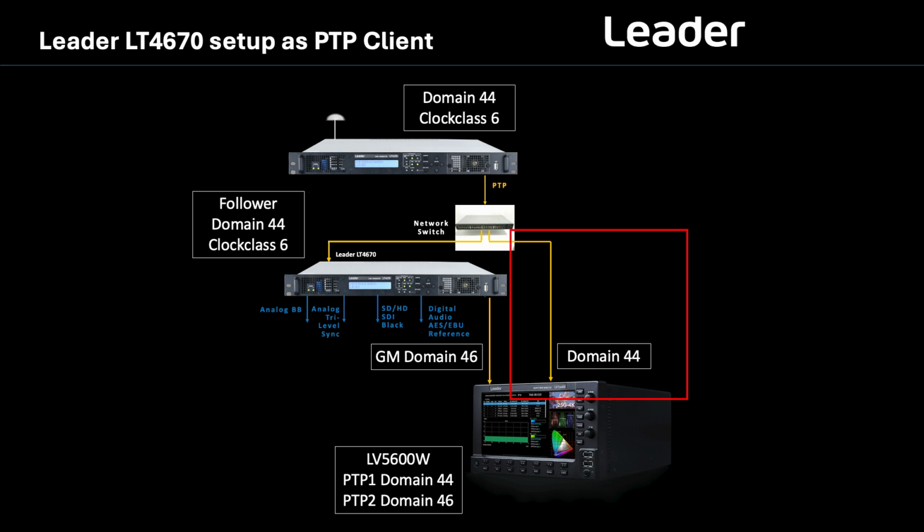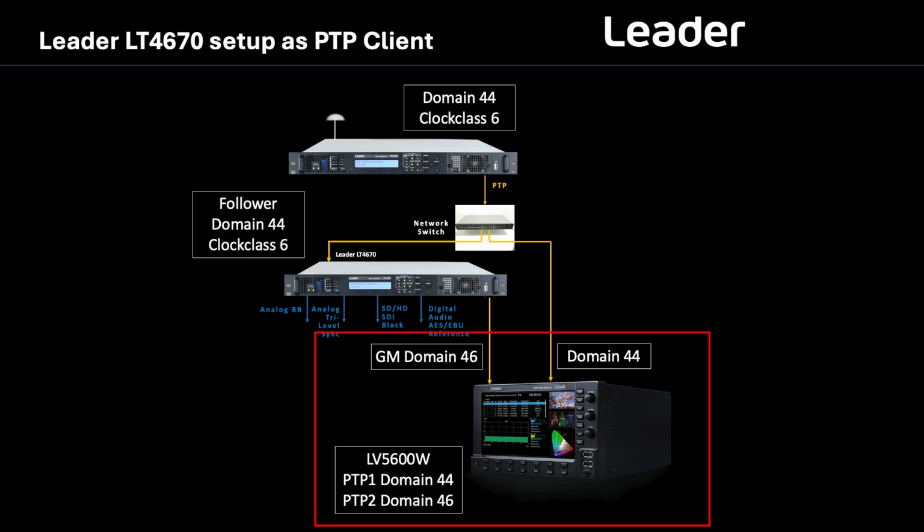One leg of that switch with domain 44 is going directly to my LV5600 PTP analyzer waveform monitor. The second port is going to the 4670 to be used as a follower. It will recreate on port 2 of the PTP out of the 4670 a new domain 46, and we will compare the timing of these two outputs on the 5600.